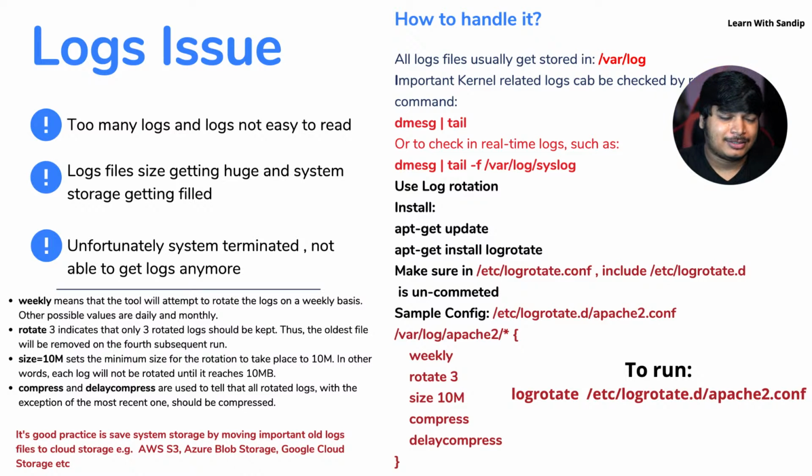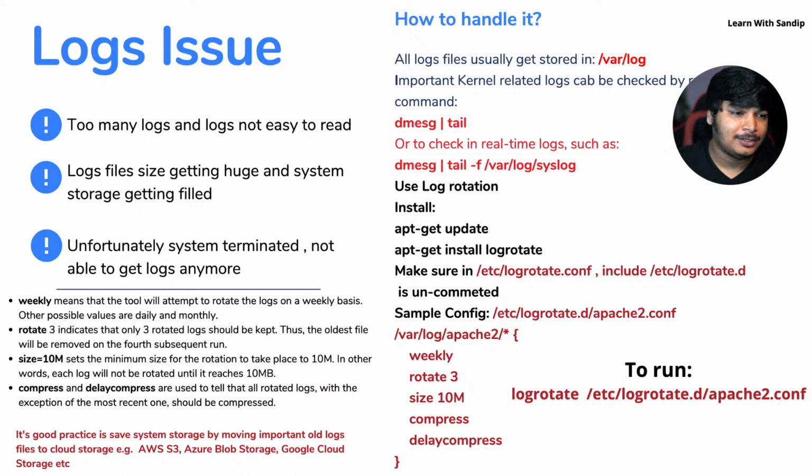Say you have Nginx, Apache, and Apache generates the logs. For Apache, what you can do is create, in /etc, logrotate.conf, and there you have to make sure that the logrotate.d include line is uncommented.